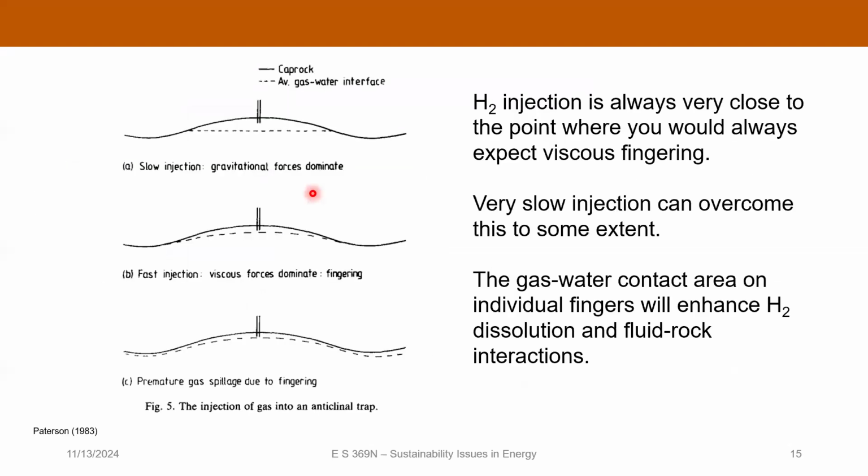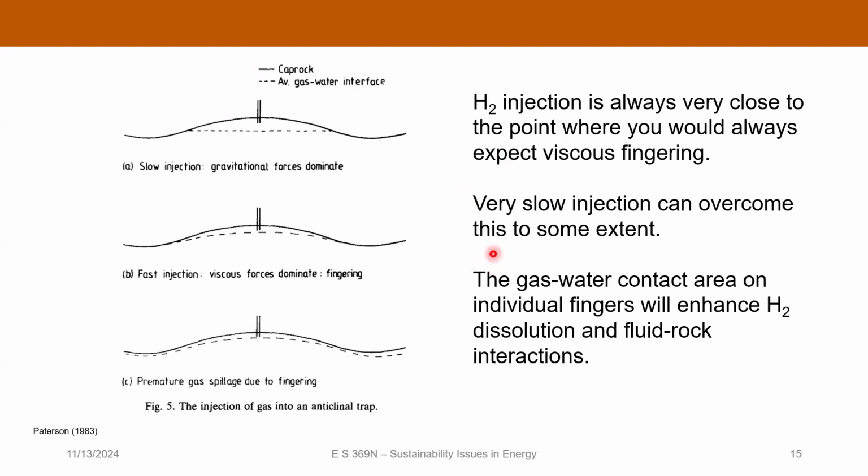And so the point here, like I said, is that we're always injecting very close to the point of viscous fingering. And so you can get around that by doing very, very slow injection. But that might not necessarily be a very good idea if you're trying to store as much hydrogen as possible as rapidly as you can.